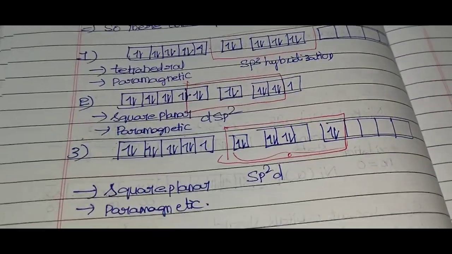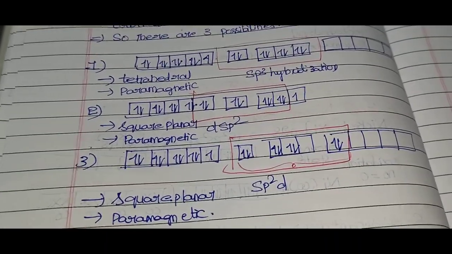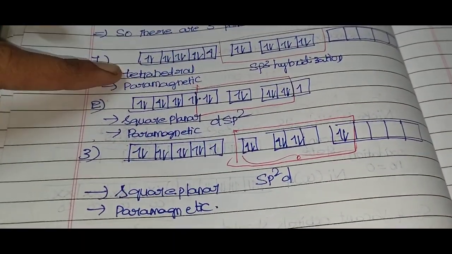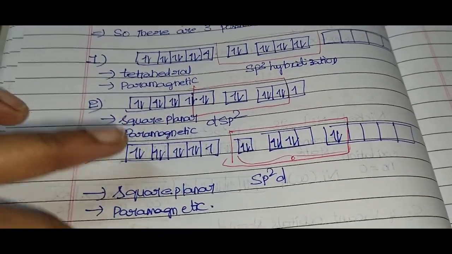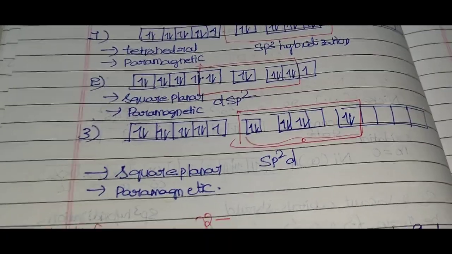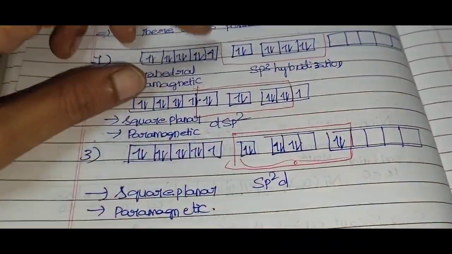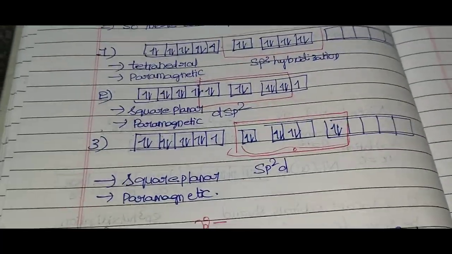So these are the 3 possibilities that it is using for hybridization. When it is using sp3, we will get tetrahedral structure. When it is using dsp2 or sp2d, it will get square planar structure, and all are having paramagnetic type because of presence of an unpaired electron.